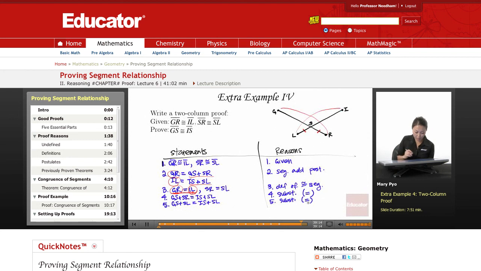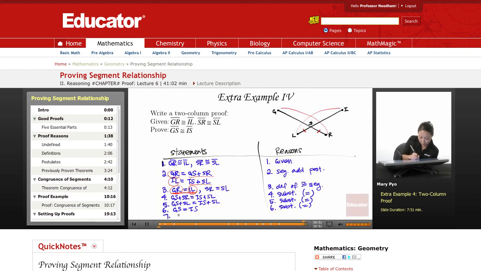Okay, and then step 6. For me to get rid of SL and SL, I just have to subtract, right? So if I subtract, then I just get GS equal to IS. And that is the subtraction property of equality. Now I'm almost done. Even though I have GS equal to IS and this is GS congruent to IS, I have to make it look exactly the same.